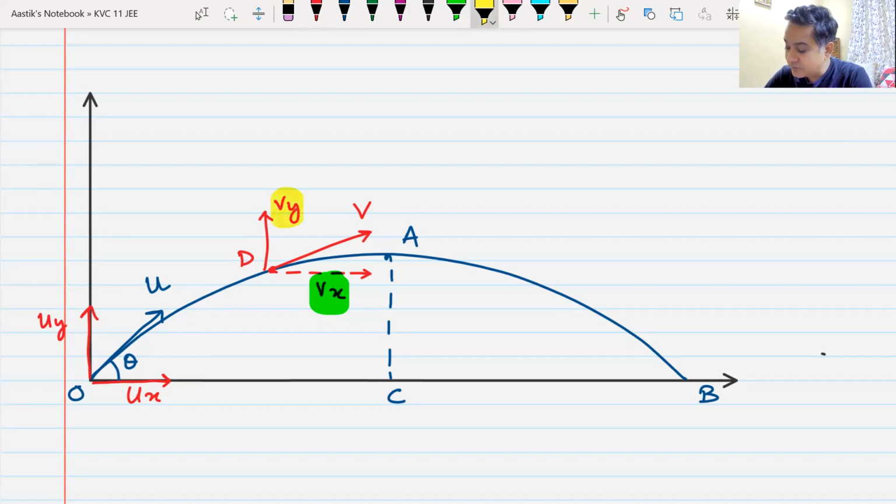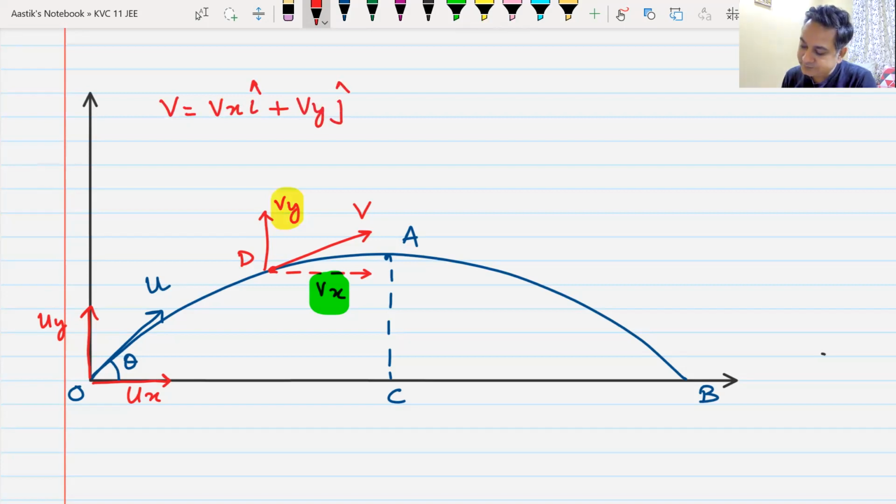Now, what about the velocity along the y-axis, vy? u sin theta minus gt. Well done. So if I have to write this velocity as a vector, I can simply write this velocity v as vx i hat plus vy j hat. Do we understand this? Yes or no?